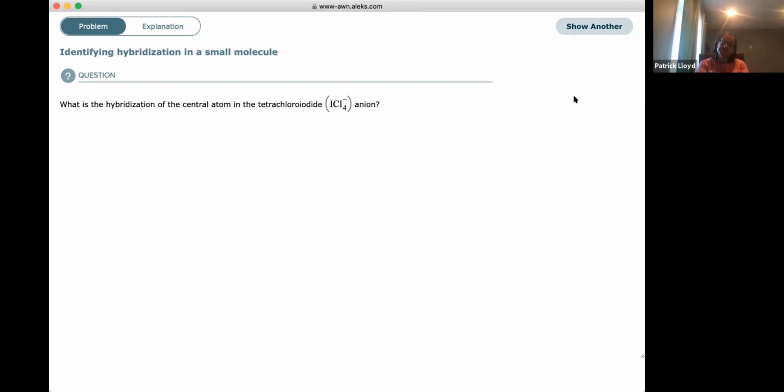So here's what you do. You just look at the Lewis structure first. Let's come over here. Okay, so there's your ion, ICl4 minus. Again, this one's a little tricky because it's one of those expanded octets.